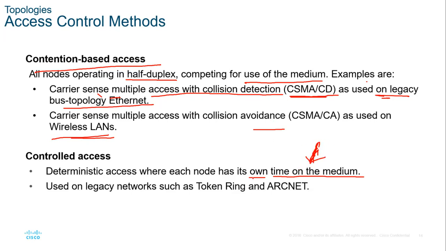Traffic lights keep allowing and stopping vehicles from each direction, but they are given time. When the time elapses, they are either allowed or stopped. Controlled access is used on legacy networks such as token ring and ARCnet.